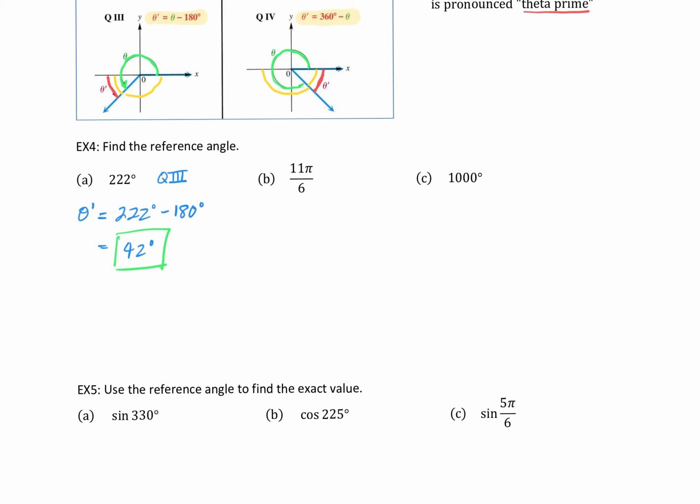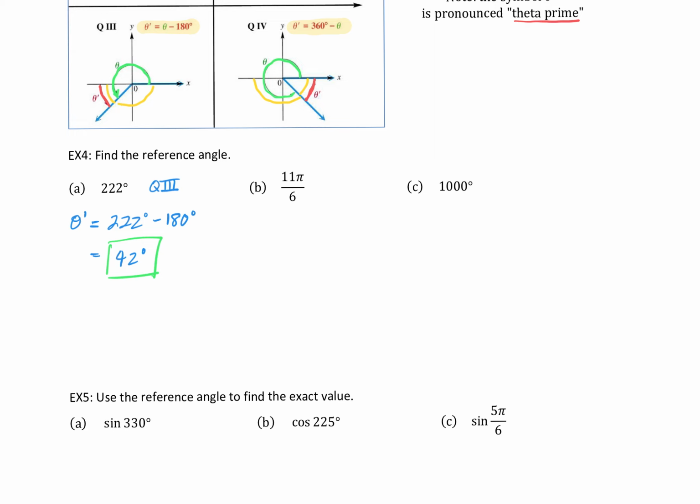In part B, I have 11 pi over 6. 11 pi over 6, that would be in quadrant 4. In quadrant 4, to figure out my reference angle, I would have to take the total distance, and I'm in radians now, which is 2 pi, and I would subtract the theta, which is 11 pi over 6.